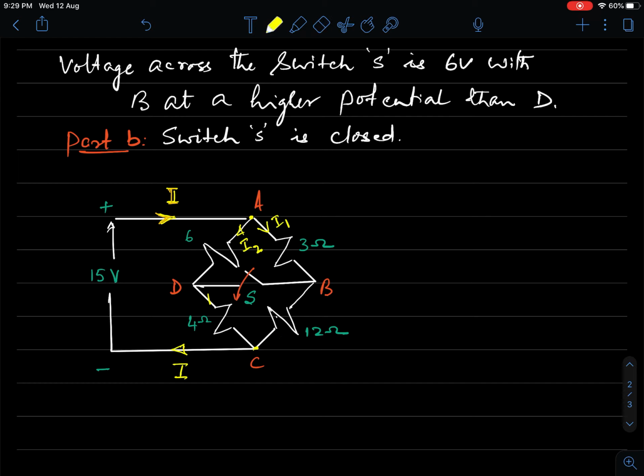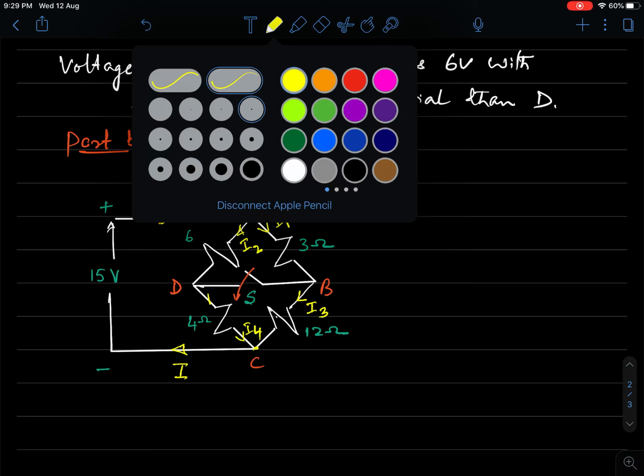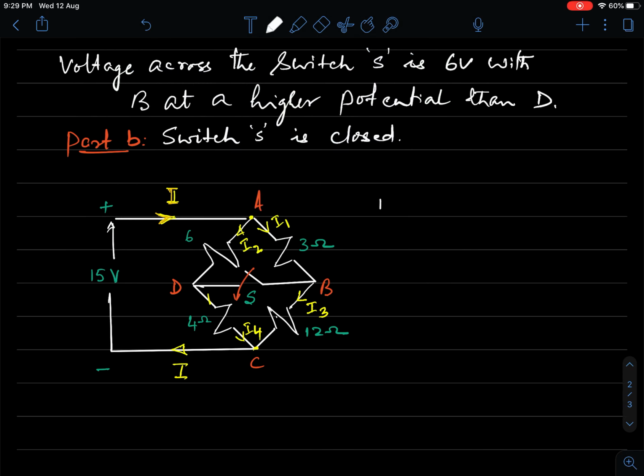What currents are there? This current definitely is not I1. This you must be able to appreciate. I will call this current I3. I'll call this current I4. But you have to understand one thing. Here it's I equal to I1 plus I2, but the same I is also equal to I3 plus I4.